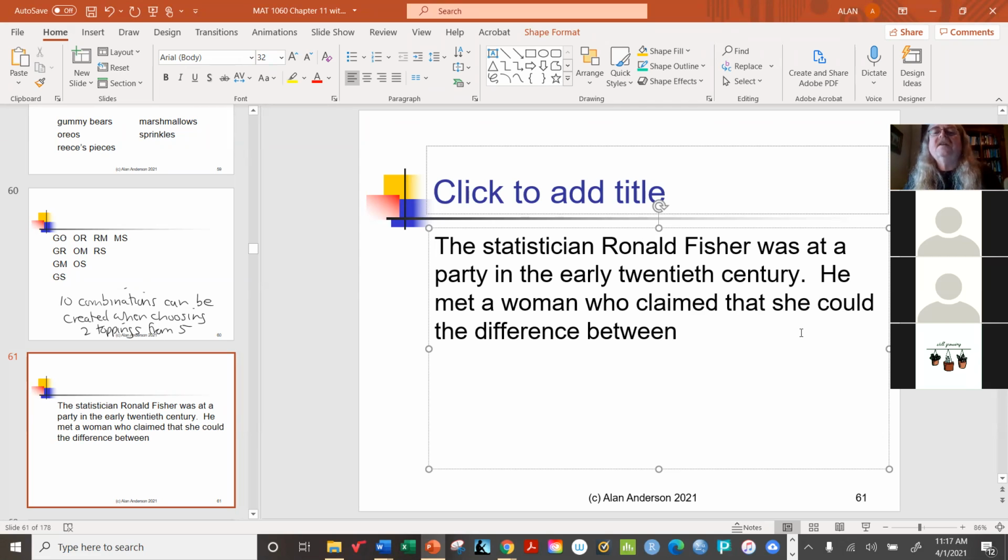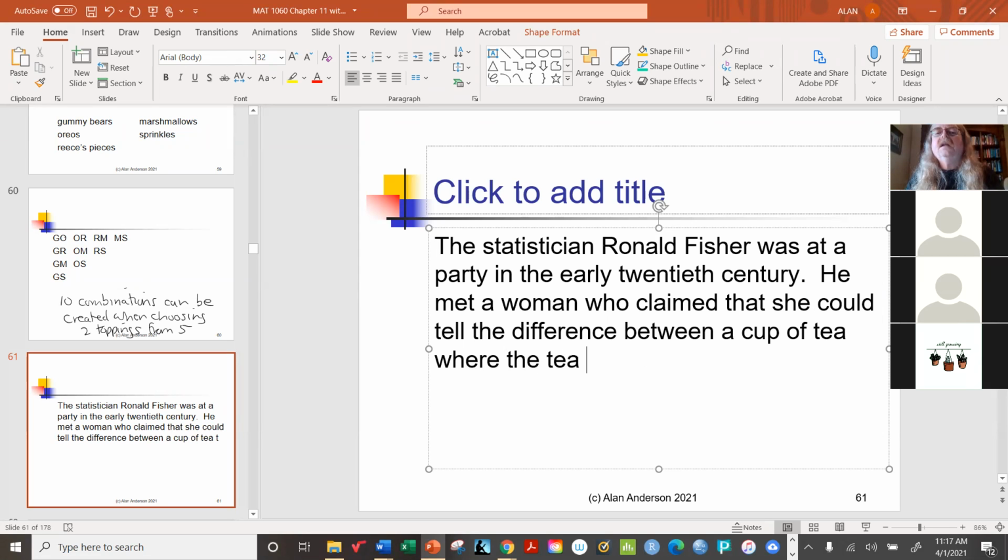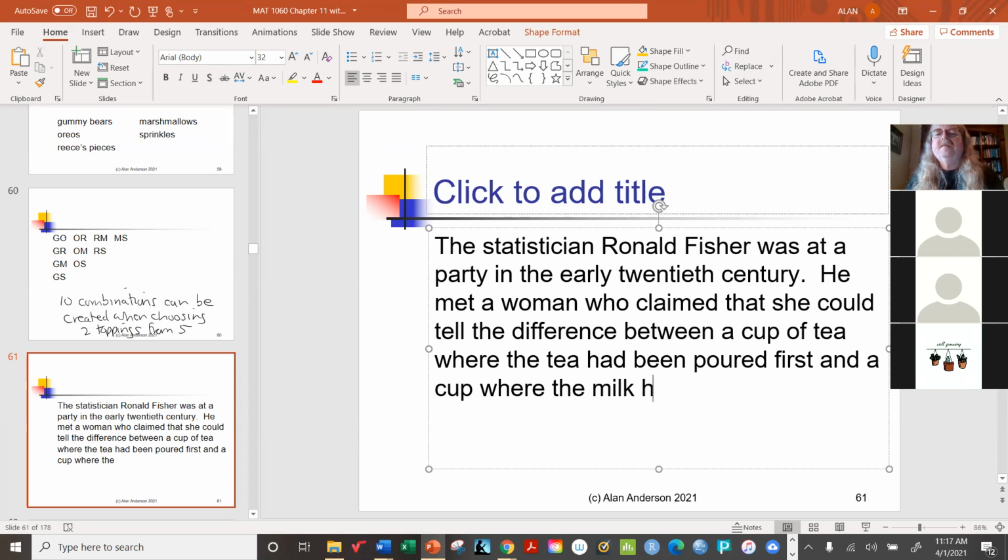So she claimed that she could tell the difference between a cup of tea where the tea had been poured first and a cup where the milk had been poured first. Okay, in other words, she's saying that to her, it matters a great deal if you put the tea and then the milk, or the milk and then the tea.